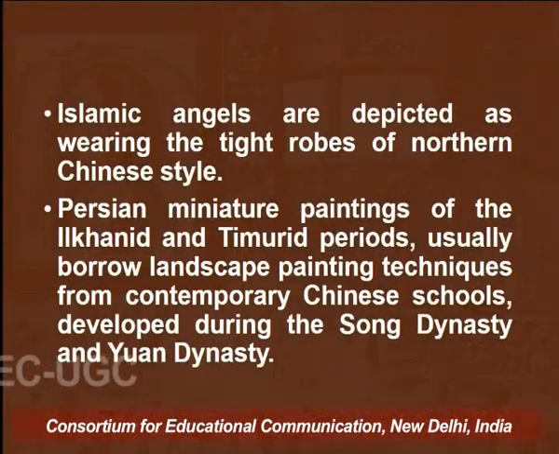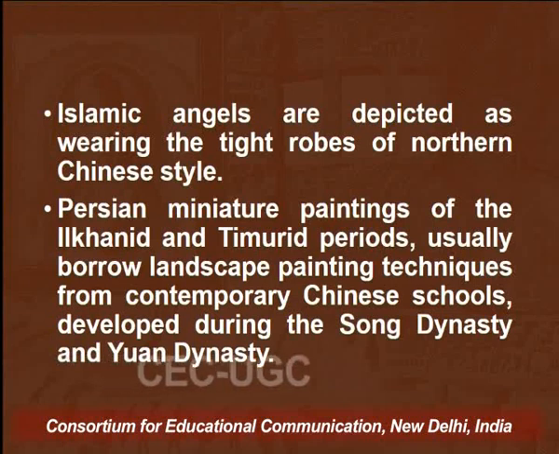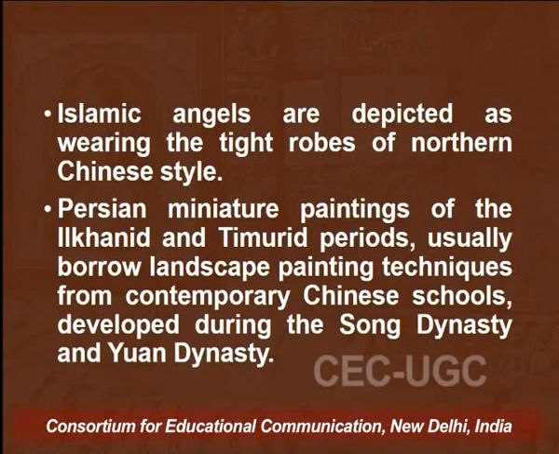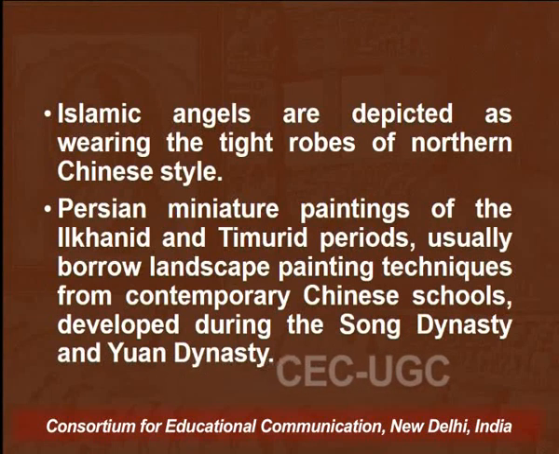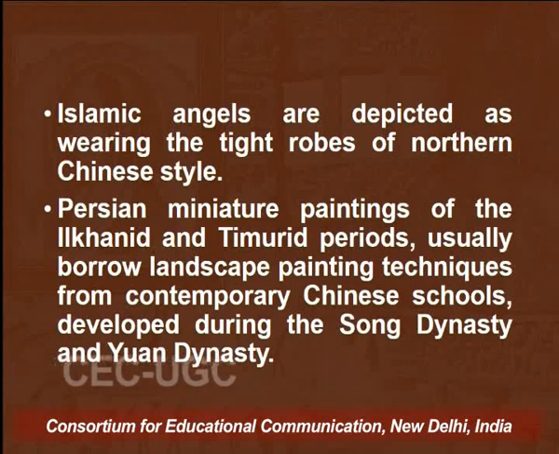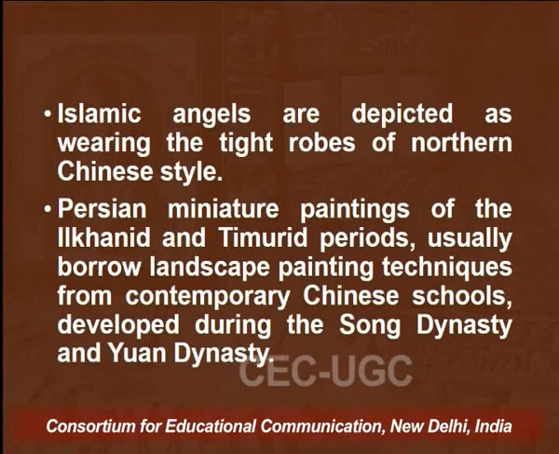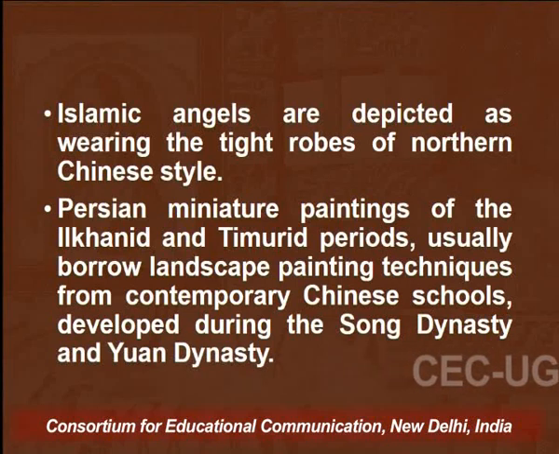So, Islamic angels were depicted as wearing the tight robes belonging to the northern style of dressing in China, and Persian miniature paintings of the Ilkhanid and Timurid periods usually borrowed landscape styles and landscape painting techniques as well from several contemporary Chinese schools that had developed during the Song dynasty and the Yuan dynasty.